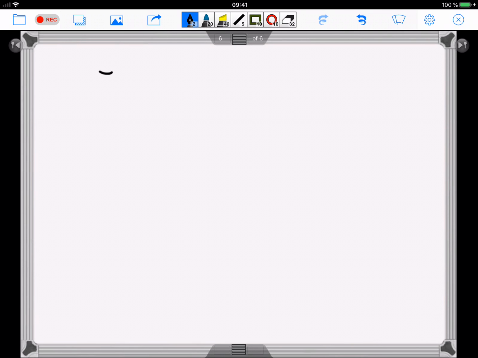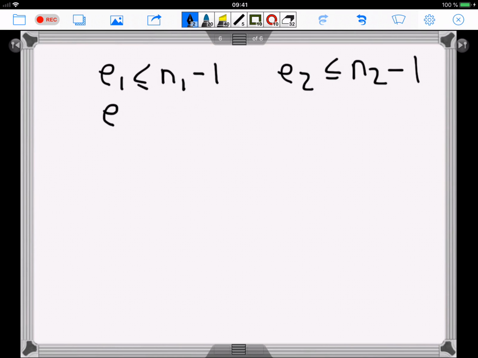So what we know is that e1 is less than or equal to n1 minus 1, and e2 is less than or equal to n2 minus 1. Let me write this here. It will be better.